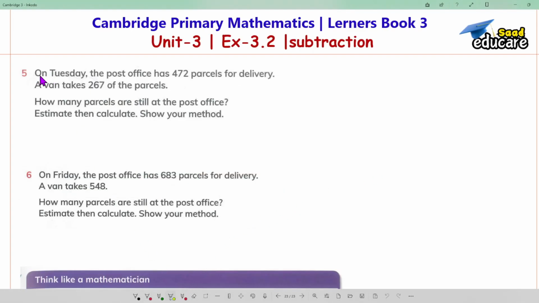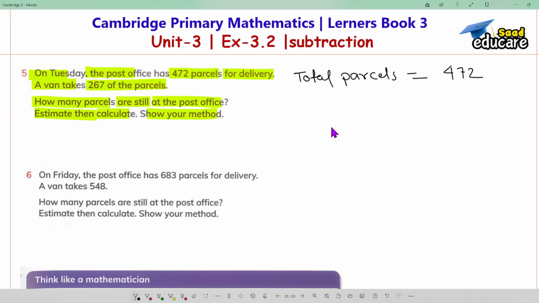Similar question. One Tuesday the post office has 472 parcels for delivery. A van takes 267 of the parcels. How many parcels are still at the post office? Estimate then calculate. Show your method. So we can write the total parcels: 472, right?